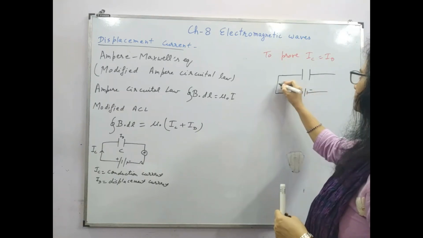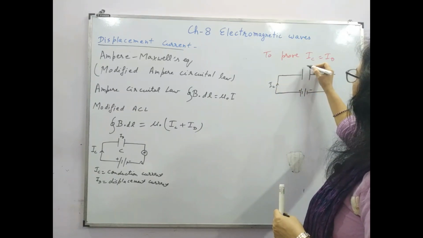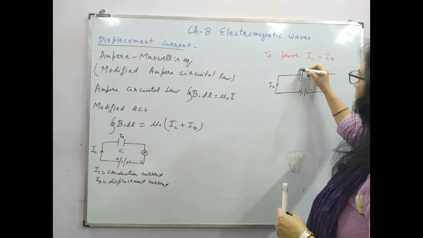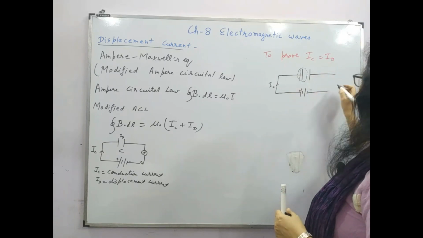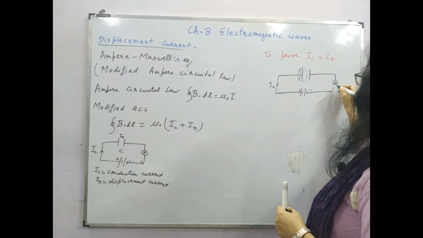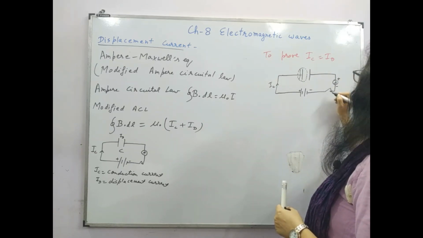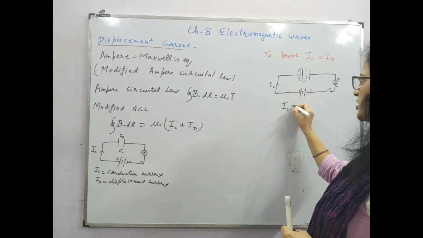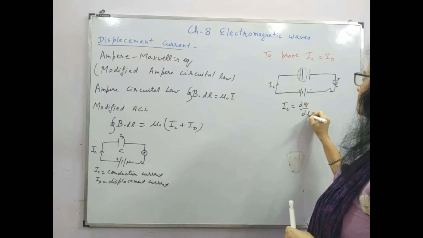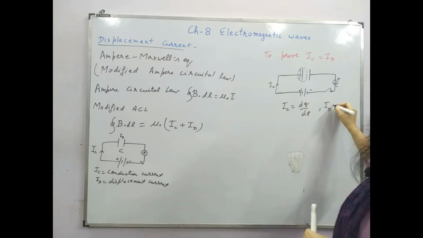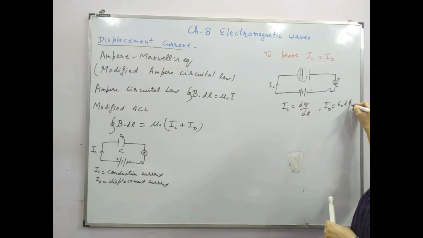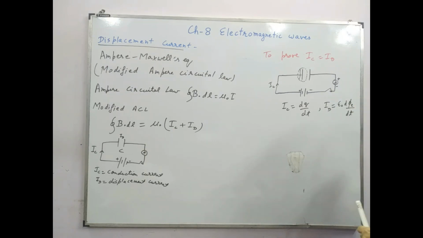which is passing between the plates of the capacitor. So we know that the conduction current is given by dq by dt and our displacement current is given by epsilon naught d phi e by dt.